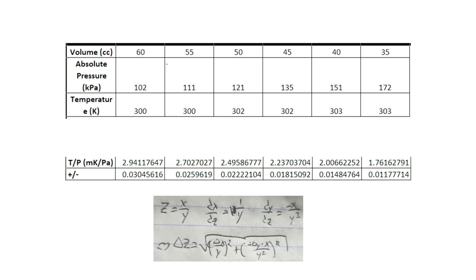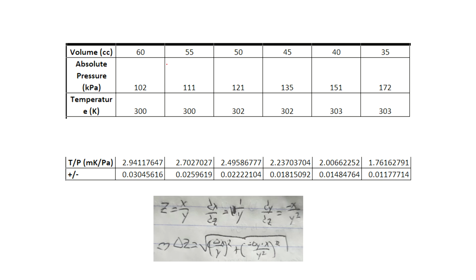The uncertainty is calculated using the formula for the uncertainty of a division. As you can see here, the uncertainty of x over y, in this case x is temperature and y is pressure, is equal to the square root of the change in x divided by y, squared, plus the change in y times x over y squared, all of that squared. This is because of how their derivatives are calculated.